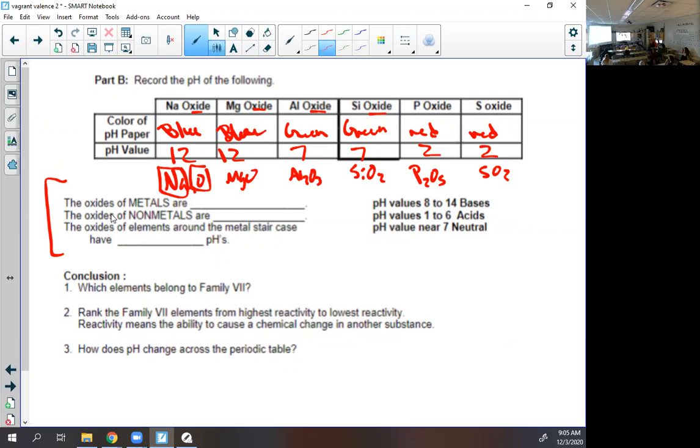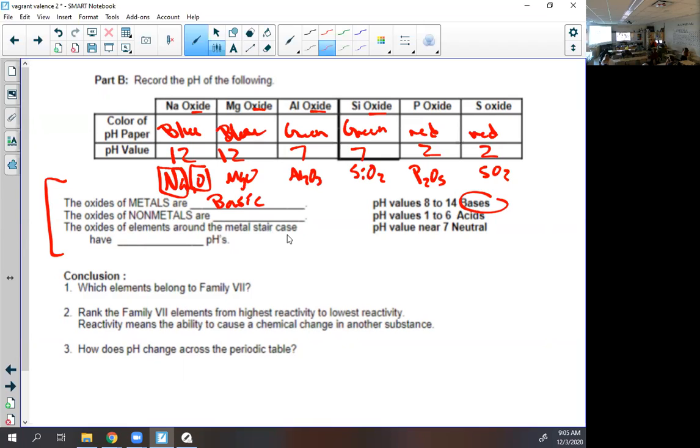So whenever we say a metallic oxide, we mean when a metal is bonded to an oxygen. If we look at this data table, it says the oxides of metals are blank, and that means pH values 8 to 14. So we know they are basic. If I have a solution that has a metallic oxide in it, the pH of that solution is a high number, which means it's basic.